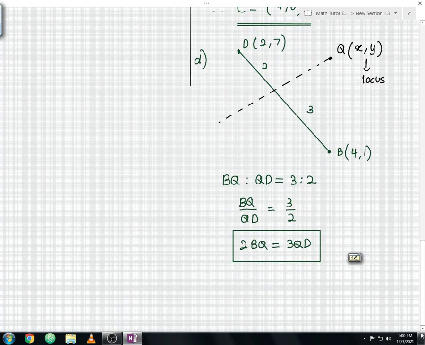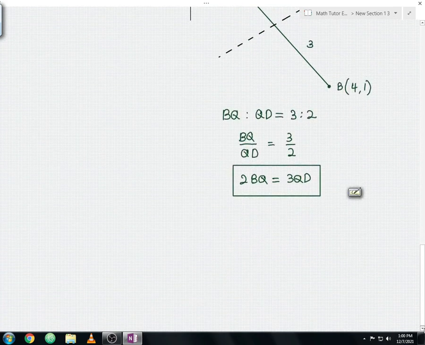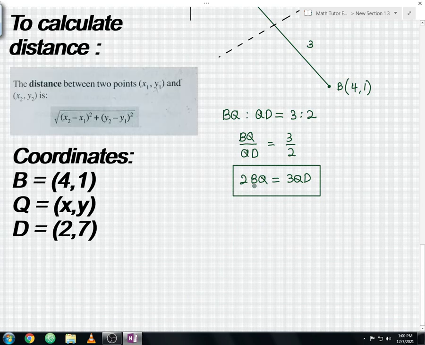Okay, so from here let us calculate our locus. So from here 2BQ, in similar steps for the distance, you times with the square root. And then in the bracket, the step is actually similar to finding the distance, guys.